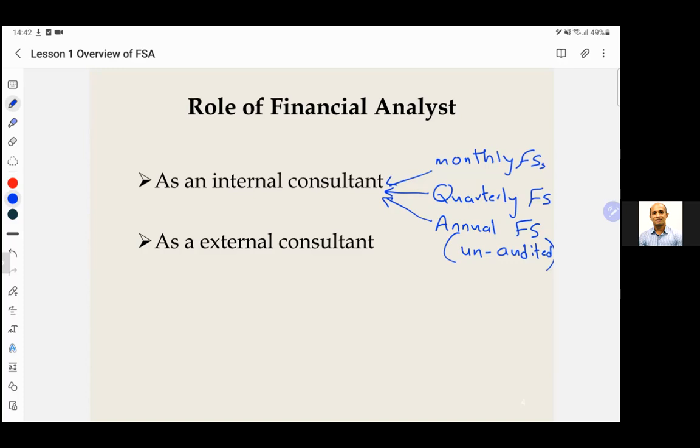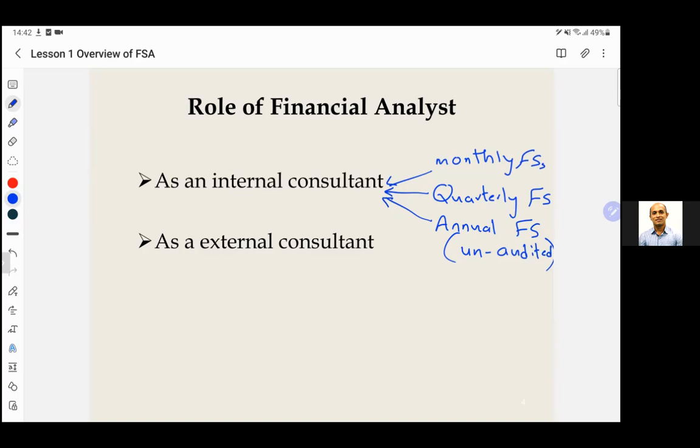Therefore, these financial statements may not be suitable to start the analysis. So in the accounting analysis, what you do is you make the financial statements suitable for the analysis.